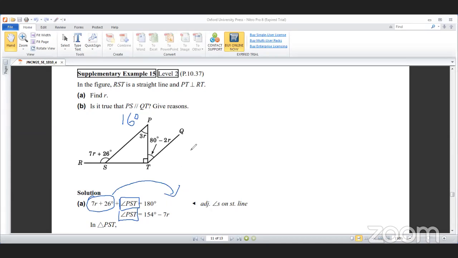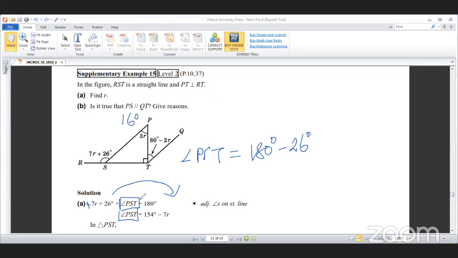It means angle PST equals 180 degrees minus 26 degrees, and then this one, 7R. Before 7R you can see nothing, which means it is plus.